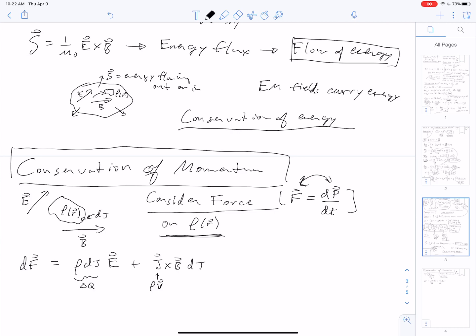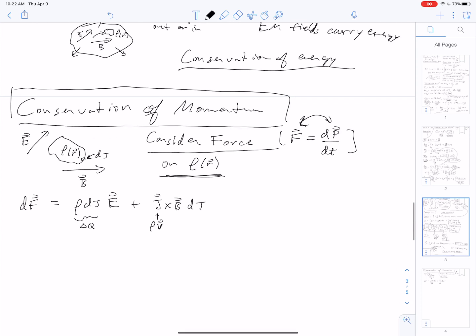Then I can ask myself, what is the force per volume? This is really a force density. I'll call it little f.